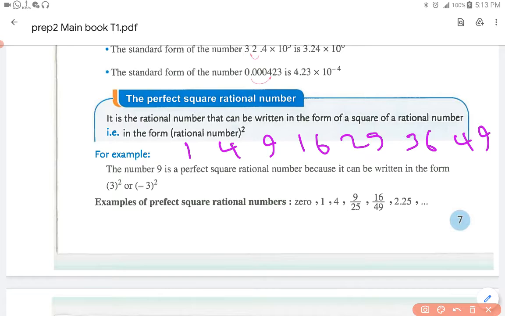Of course, number 9 is a perfect square rational number.